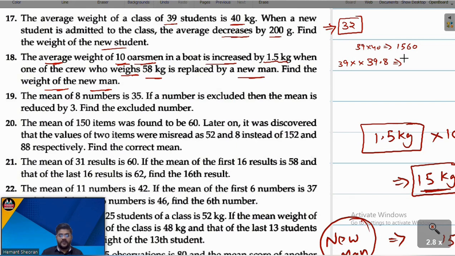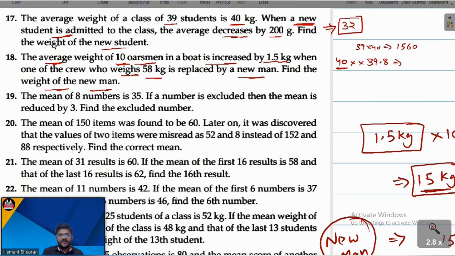Okay, what mistake we are doing in the previous step as well: we are only taking 39 students, but now there are a total of 40 students, no? I should times it by 40. There are a total of 40 students, so you have to times it by 40, okay? Get it? Instead of timesing it by 39, we have to times it by 40. The reason is that they are admitting a new student.